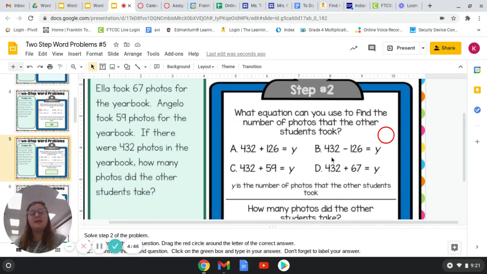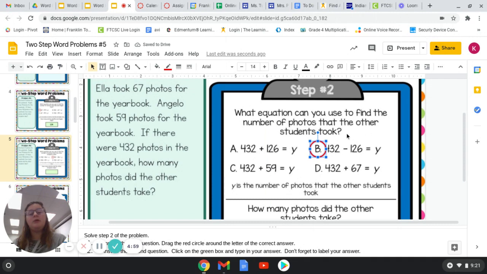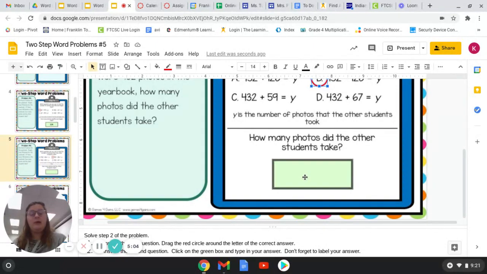So 432 minus 126 is going to give us the number of photos that the other students took. I moved that circle around letter B. When I subtract those two numbers, I get 306. So the other students at the school took 306 photos.